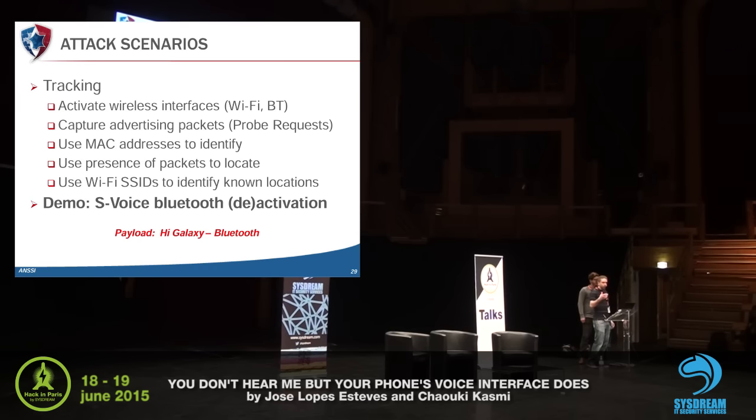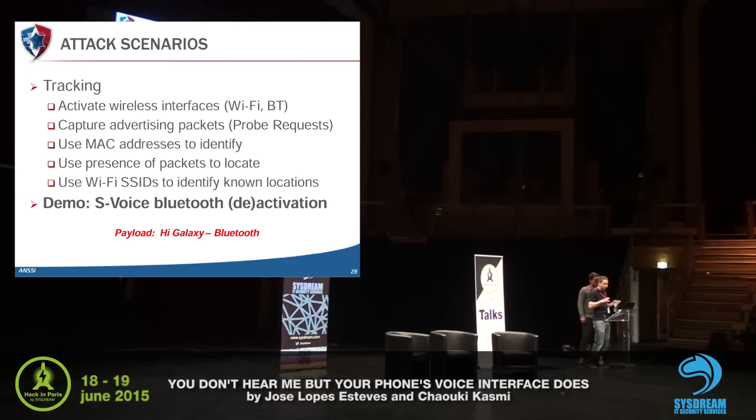And of course, in the frames you can find the MAC address, so you can identify the device, and you can also conclude that the device is in range of your receiver. So you can track an individual in certain zones using this technique. So we have the first demo for that.